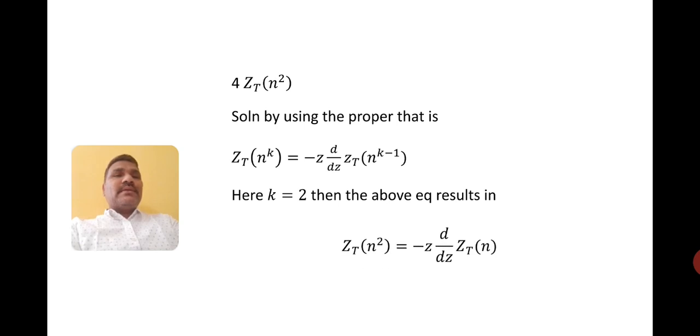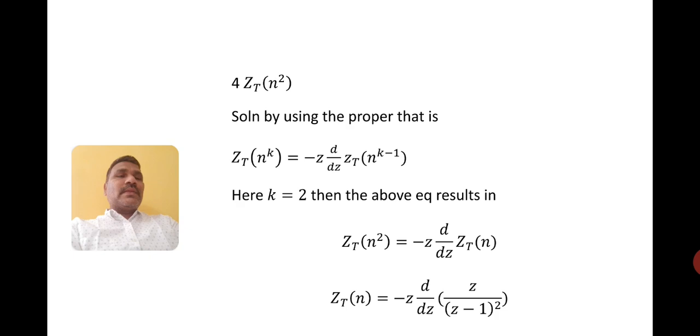The Z transform of n square is equal to minus z d by dz of the Z transform of n, since 2 minus 1 is 1. The Z transform of n you know, I am supplying as Z by Z minus 1 whole square.